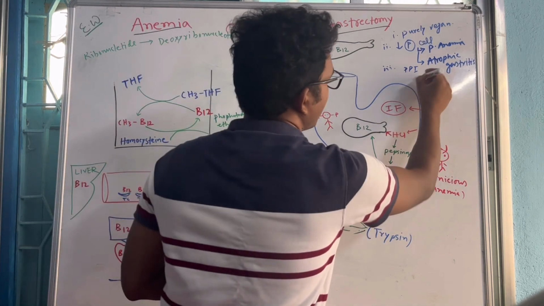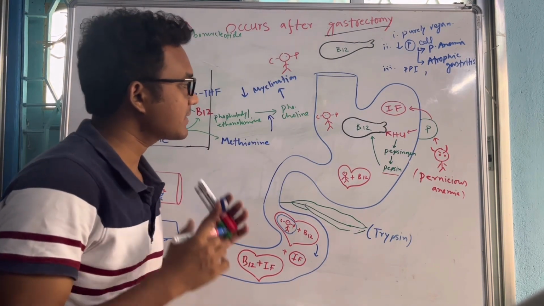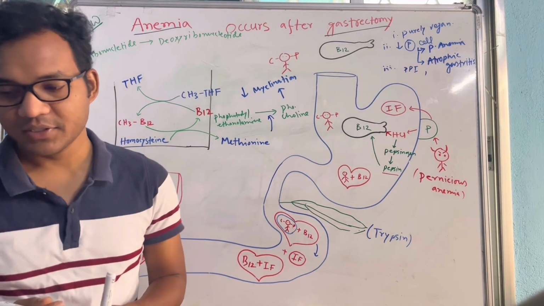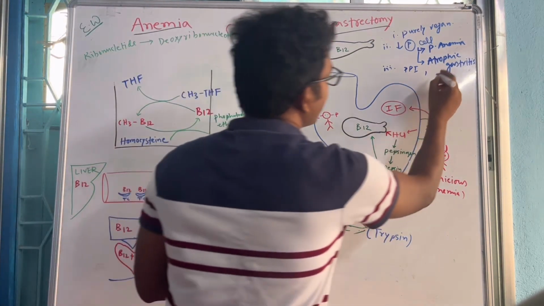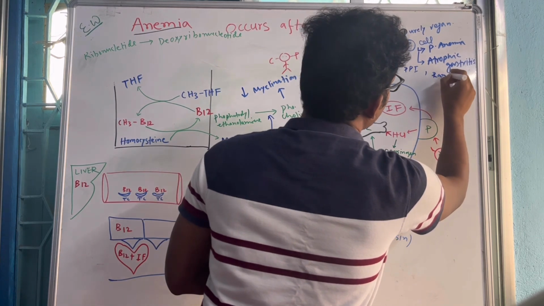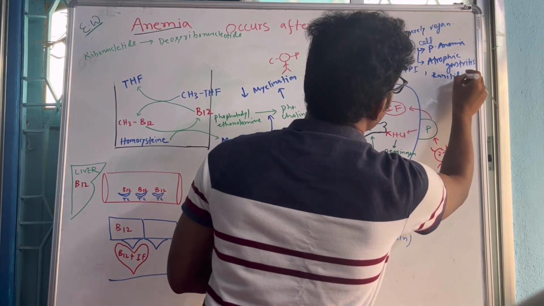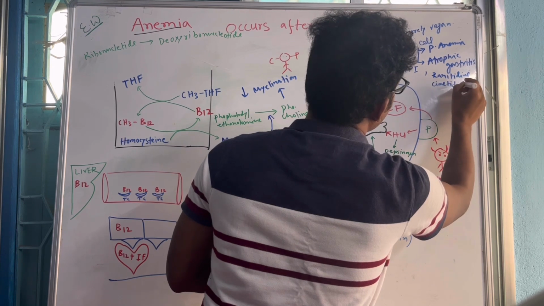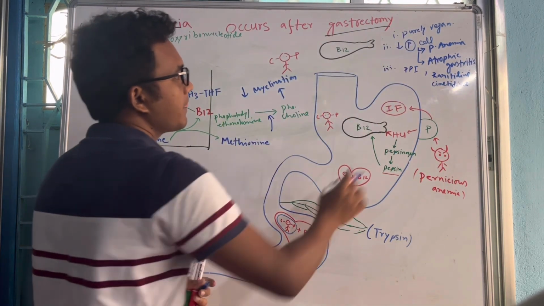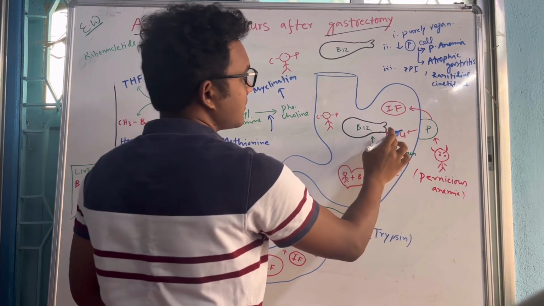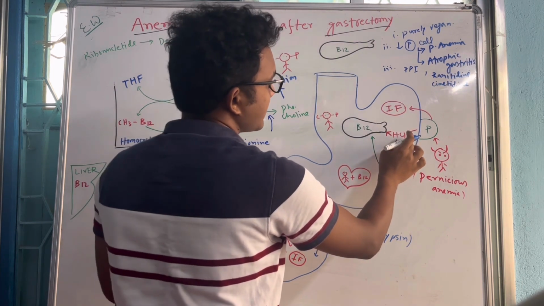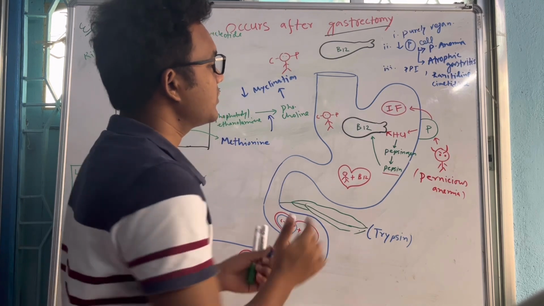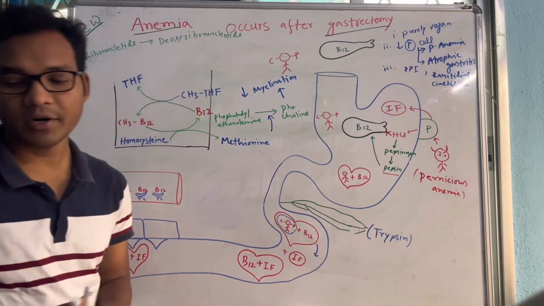There will be B12 deficiency. People also take histamine antagonists like cimetidine and ranitidine. This also leads to decreased HCl secretion, so B12 will not be absorbed inside our body.